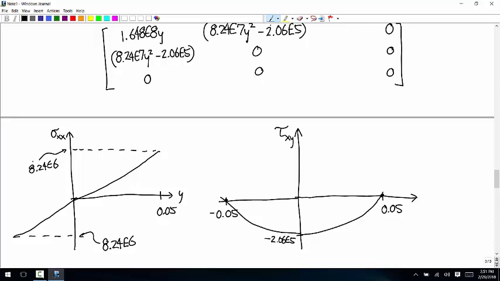Well, if they were the same order of magnitude, then we'd have to think about where in here both of those are contributing to the stress in a way that gives us a maximum. The only way to do that really would be to guess that it's halfway between, or we could calculate the principal stresses in terms of y and then do it algebraically.